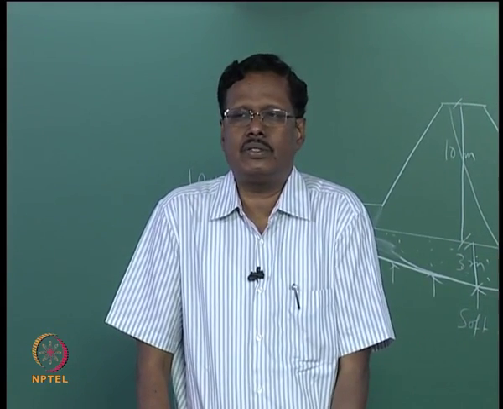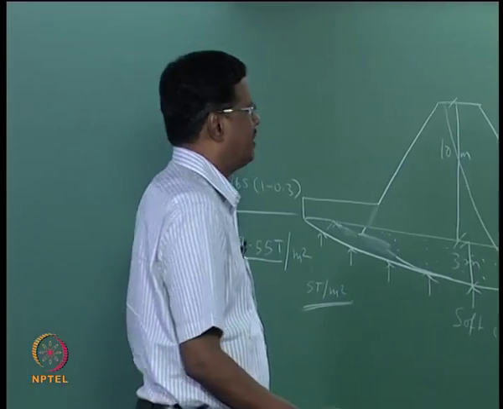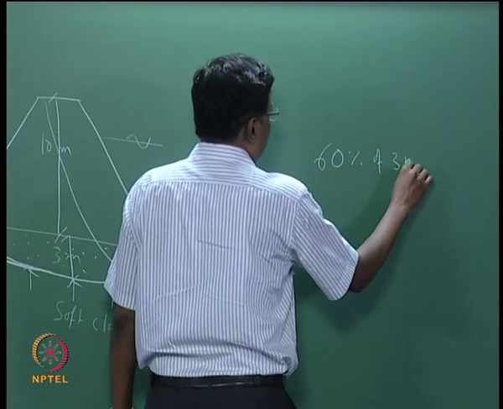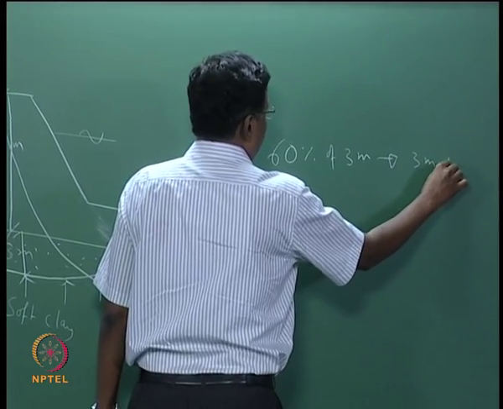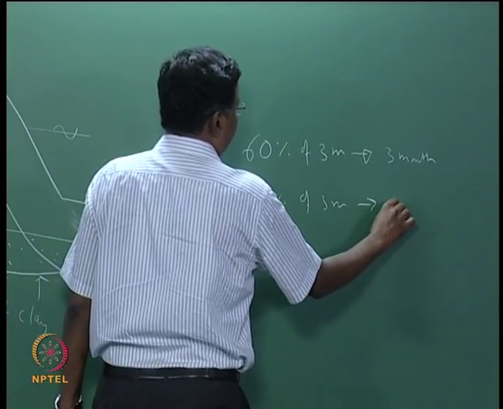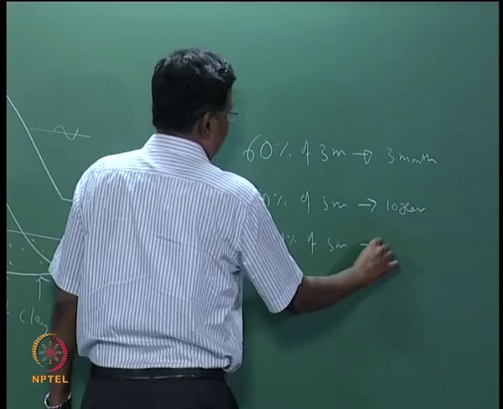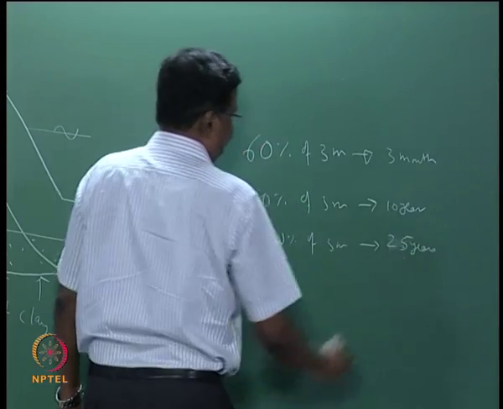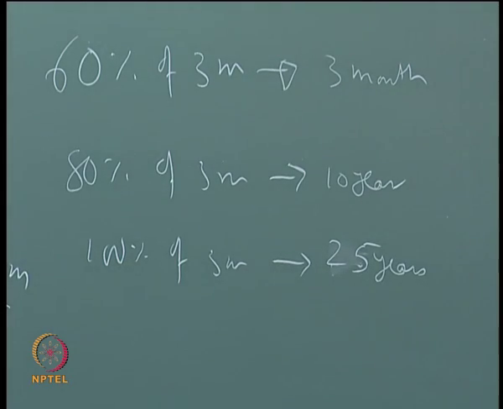About 60 or 70% of the 3 meters of immediate settlement is expected in about 2 or 3 months, 80% of 3 meters will take 10 years, 100% of 3 meters will take maybe about 100 years, or about 25 years for 99%. So it takes years to achieve the settlement.